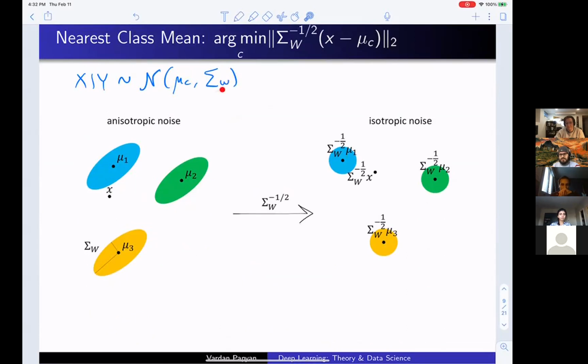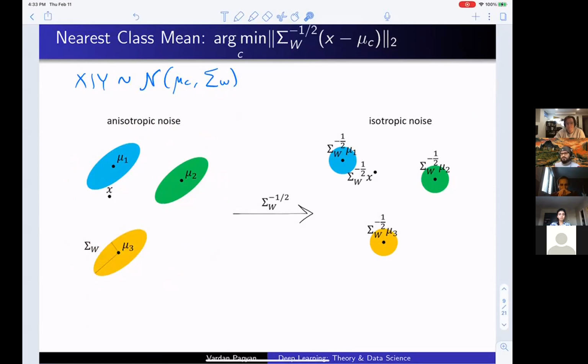Now, because sigma w does not depend on the class, you can see how sigma w is the same for all the different Gaussians that we have. Does anyone know how this type of distribution is called? It has a well-known name.